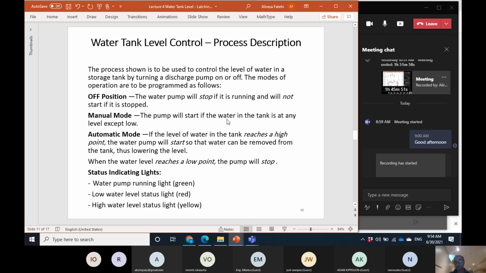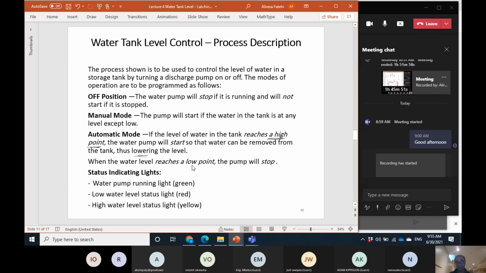In manual mode, the pump will start if the water in the tank is at any level except low. When it is low, the motor is off. Otherwise, it turns on. In the automatic mode, it turns on at the high point and turns off at the low point.